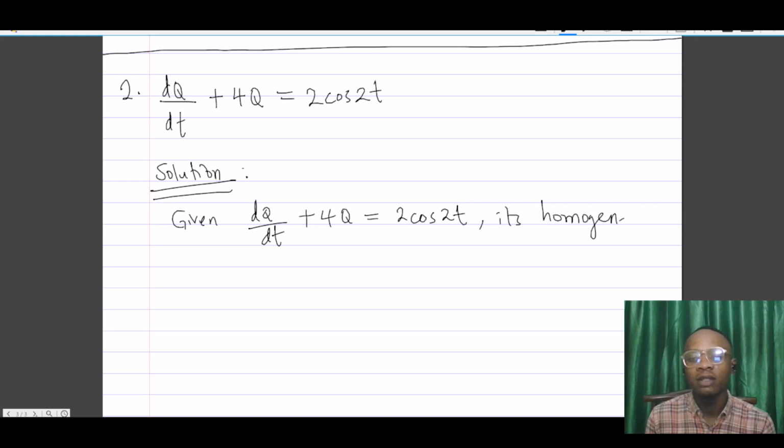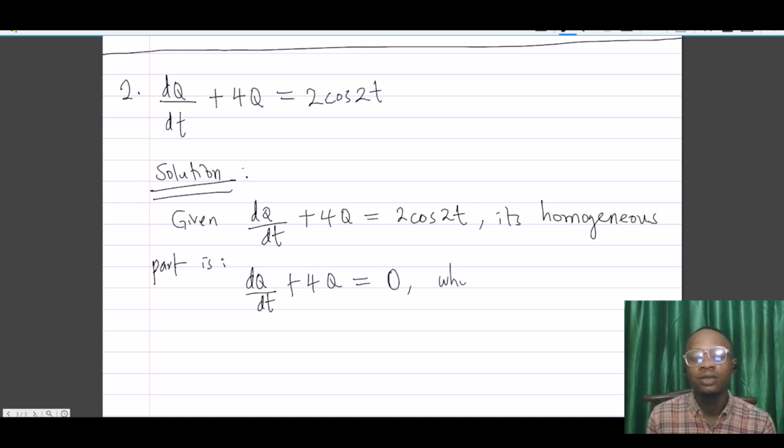Let's identify the homogeneous part first. What is its homogeneous part? That is dq/dt plus 4q equals 0.